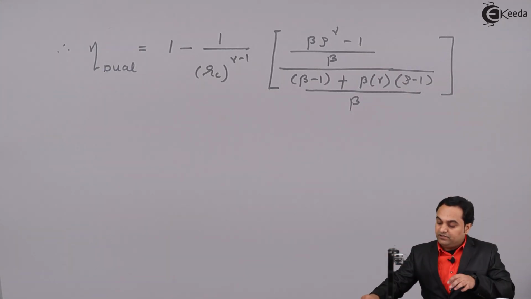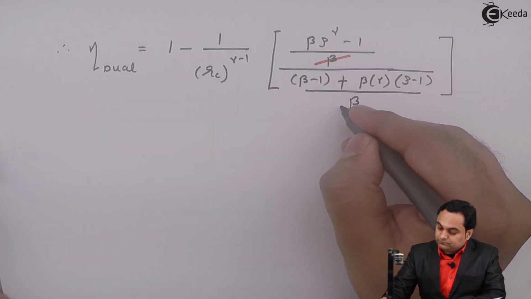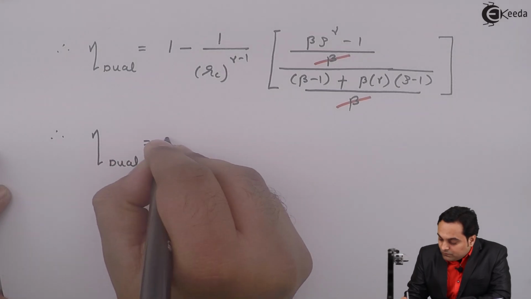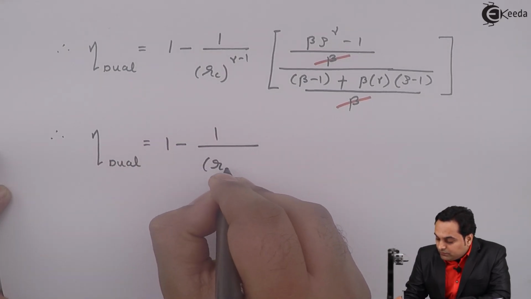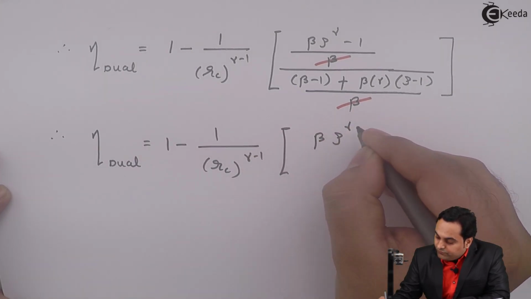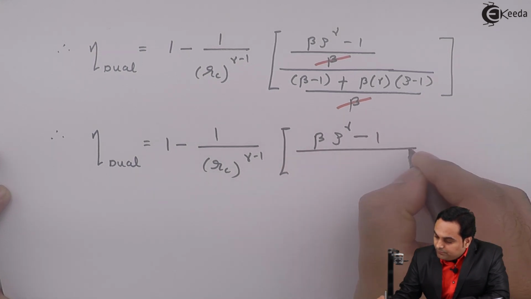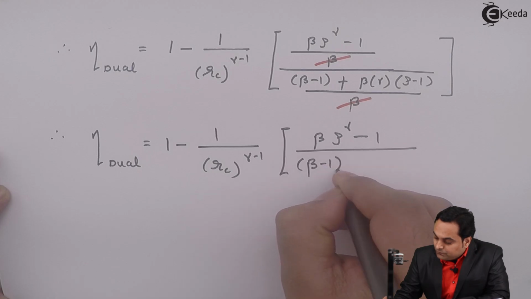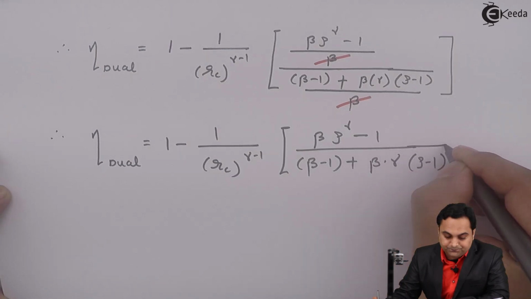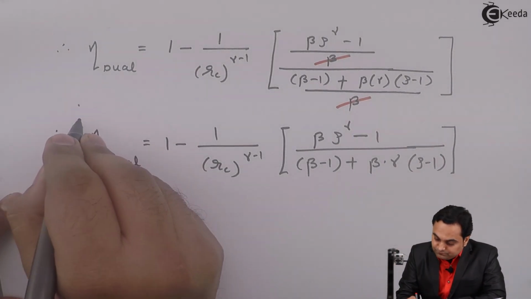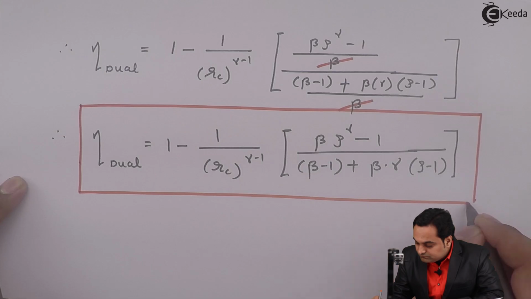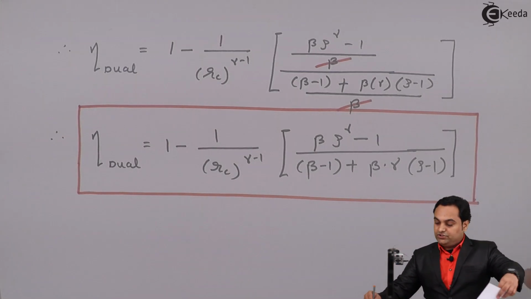So here beta and beta will get cancelled out, and finally the efficiency formula will be 1 minus 1 upon Rc raised to gamma minus 1 into bracket beta into rho raised to gamma minus 1 upon beta minus 1 plus beta into gamma into rho minus 1. This I will call equation number B.